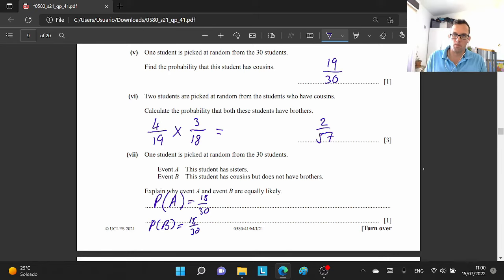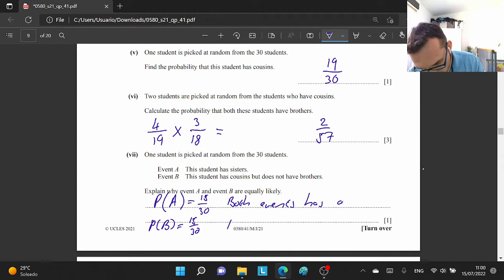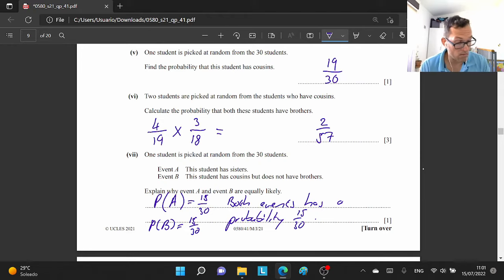We've worked out both probabilities and they are the same. So we can just write that both events have a probability of a half, 15 out of 30, 50%, whatever you want to do. That's it. Because you showed the numbers, and this is maths, you will get that 1 mark.